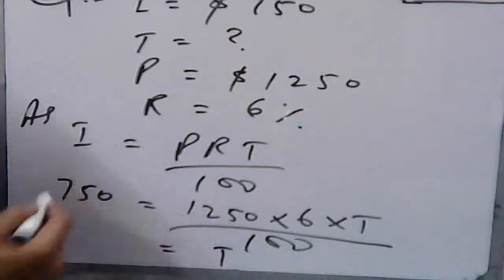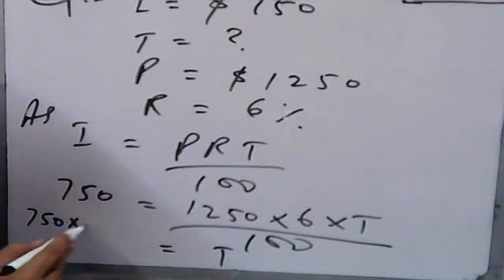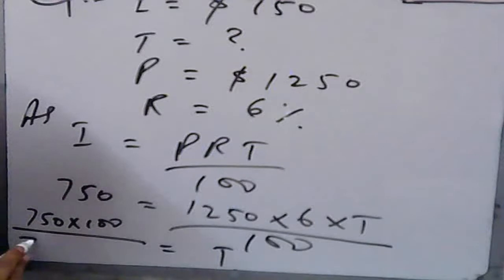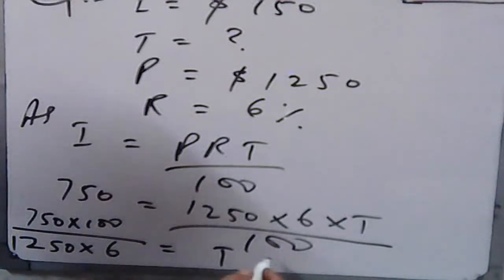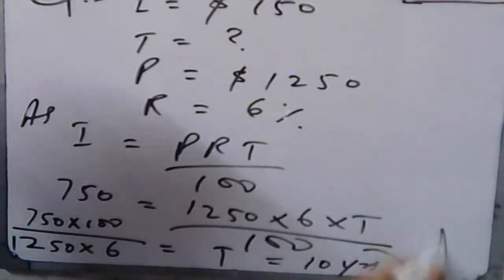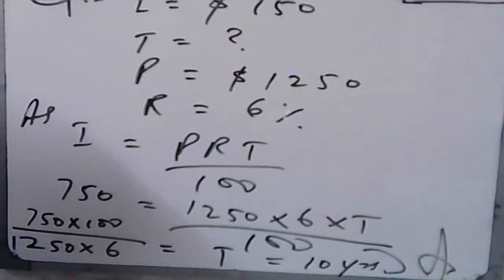By using cross multiplication, 750 multiplied by 100 divided by 1250 multiplied by 6. So after simplification, the time period is equal to 10 years. So that is your required result.